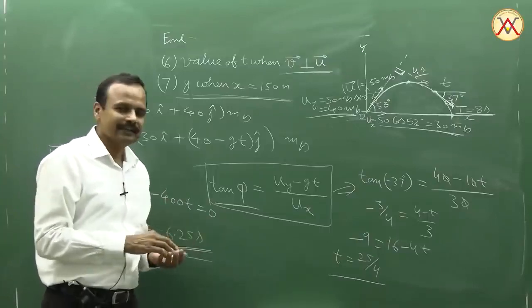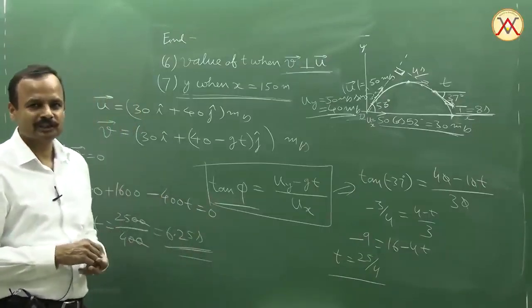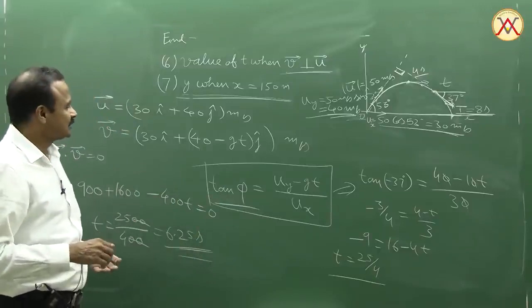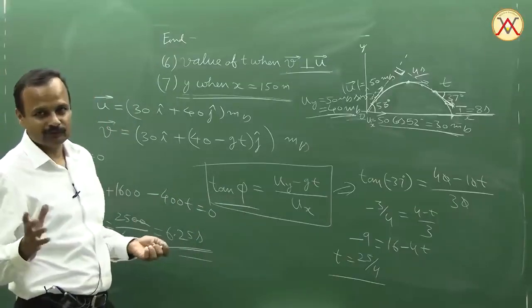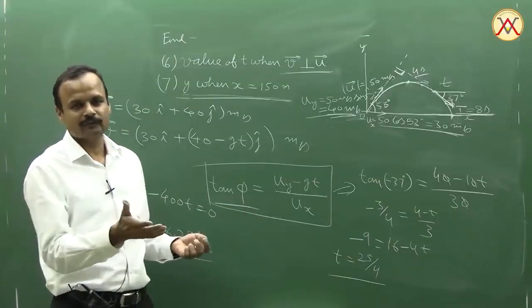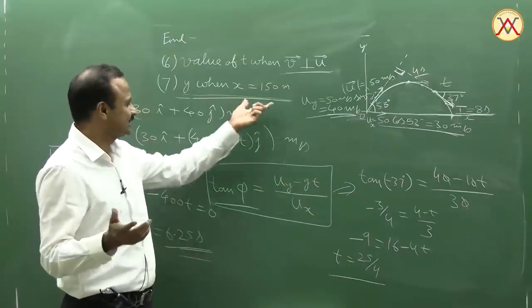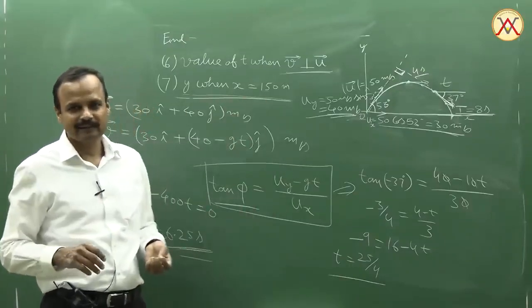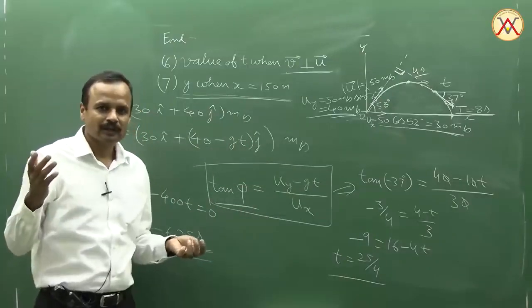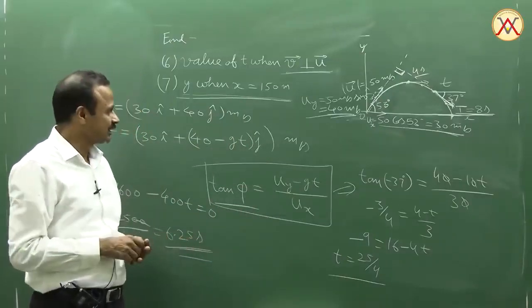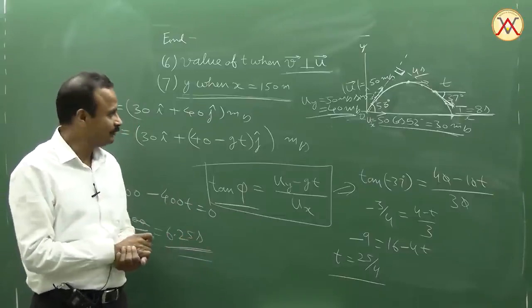The other way can be that we use the equation of trajectory. So in that result, if you know the formula for the trajectory equation, you will not have to find the time. The question doesn't ask time, it just asks the value of x coordinate. So if you remember that result, you can directly find the y coordinate.